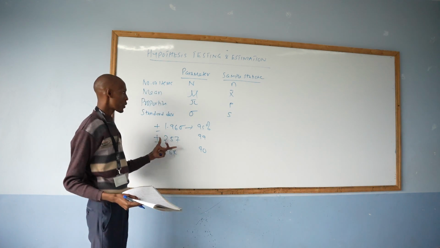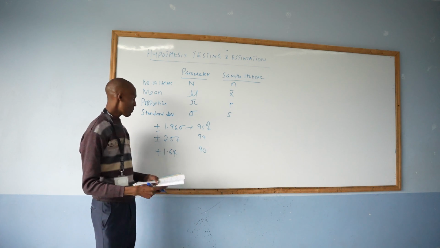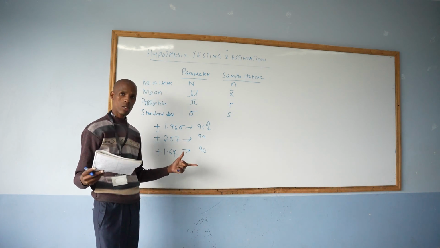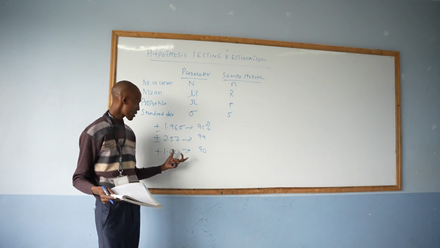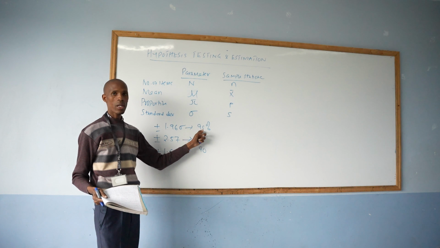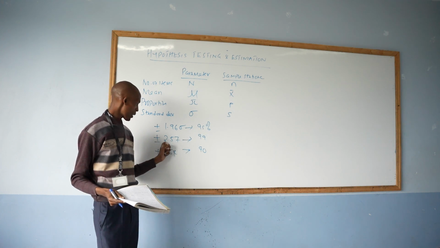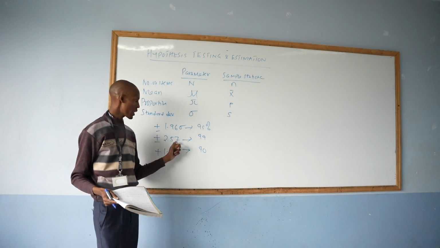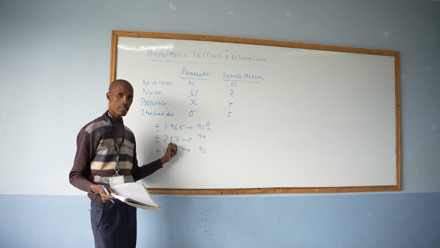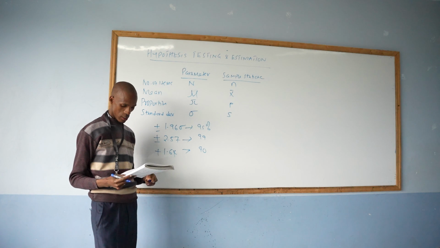So this one we are going to interact with. I'll let them be here on the wall. Plus or minus 1.96 includes 95%. Plus or minus 2.57 includes 99%. Remember these are the z-scores, the z-score that we talked about last week.